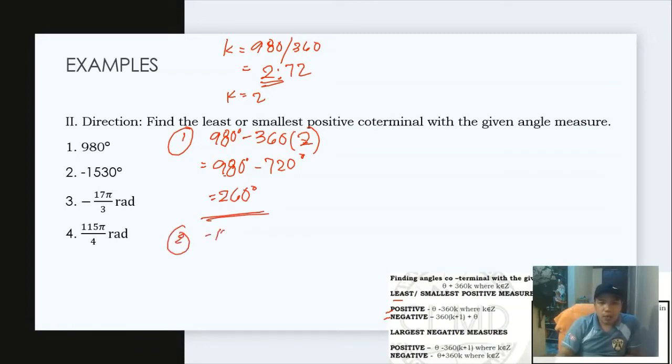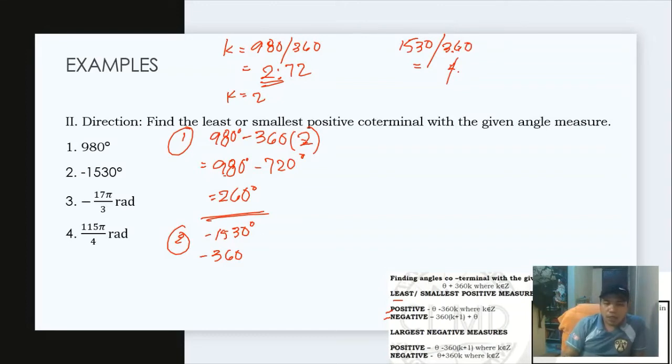Number 2, negative 1530. This time, negative number siya. So, negative 360k. Ilang k meron dito? So, 1530 divided by 360 is equals to 4 or something. So, 4.